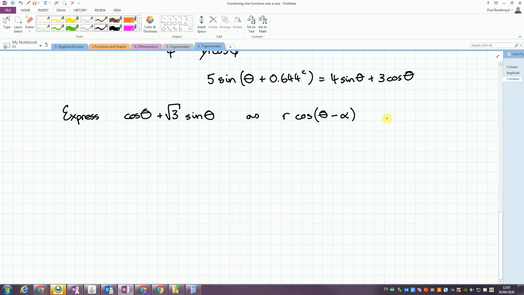Notice they've given us a minus. This time this is the phase form, the alpha, where r is greater than 0 and alpha is between 0 and 90.